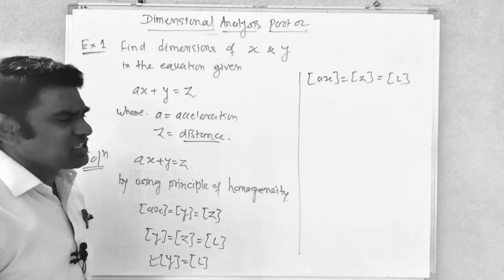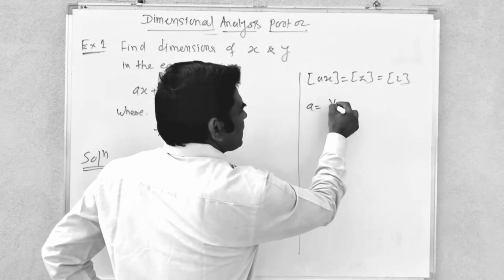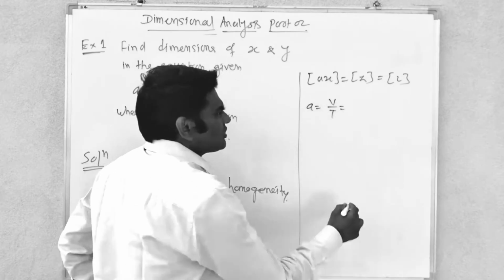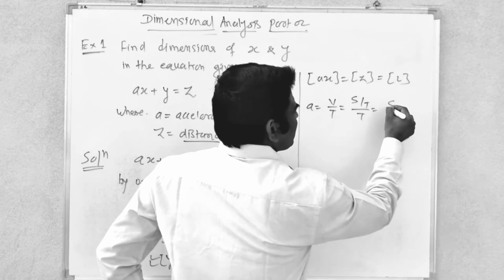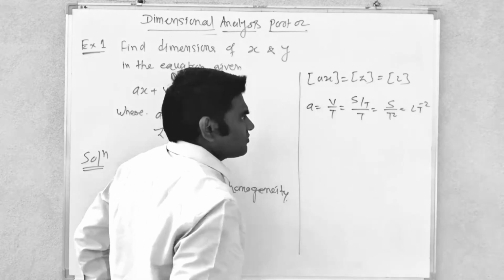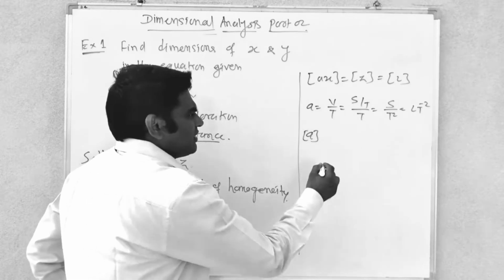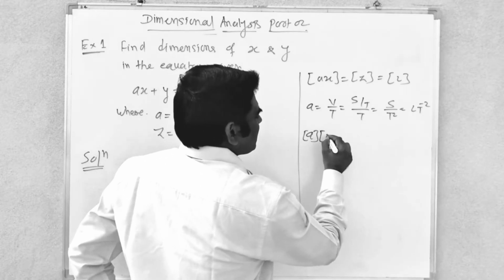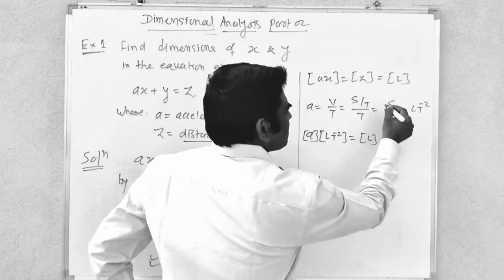Acceleration is velocity upon time. Velocity is distance upon time. So acceleration is distance upon t square, meaning L t to the power minus 2. So the dimension of a into the dimension of x is equal to L.